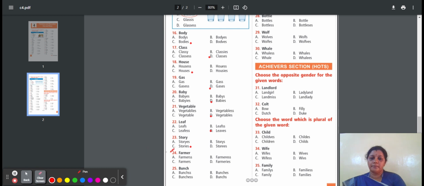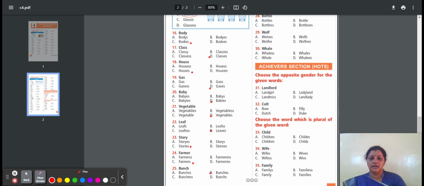24, farmer. Here we have to add just S. So the option is C, farmers. Rest of the options are meaningless. 25, bunch. Here this word ends with CH. So we have to add ES, but not removing CH. So the option is B, bunches.